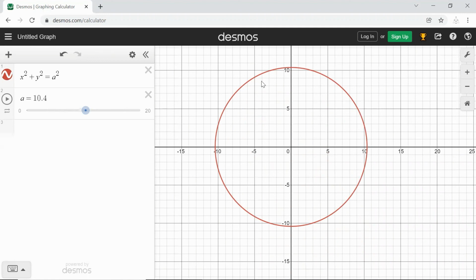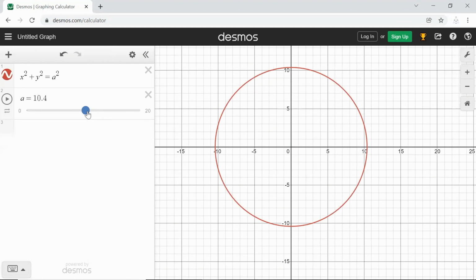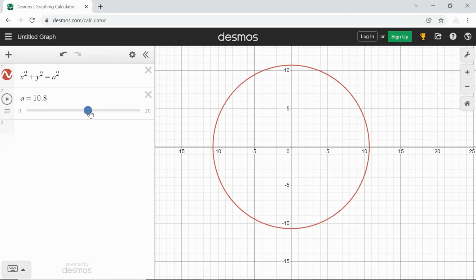So that's kind of what's happening there. If you want to increase the area by 16 square inches, if we start with a small circle, that means we have to increase the radius by a lot. But if I start with a big circle, I might have to increase the radius by just a little bit to get up to that 16 square inches.